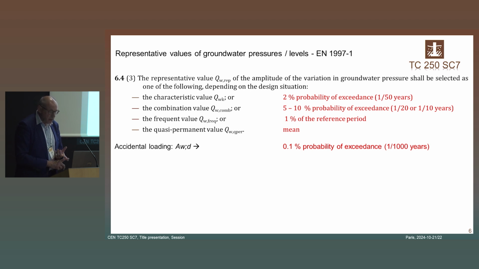A combination value, that is in case the water is not a leading component, and it has a 5 to 10% probability of exceedance. A frequent value, which is a value occurring in 1% of the reference period, and a mean. And of course there's also an accidental one, which corresponds to a 0.1% probability of exceedance, so a 1 in 1,000.